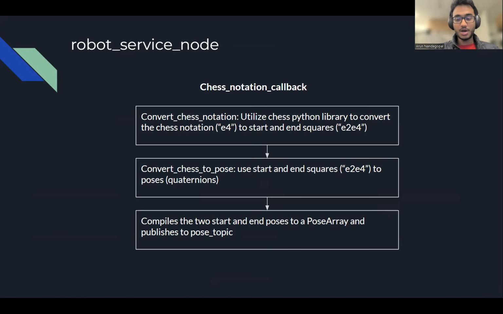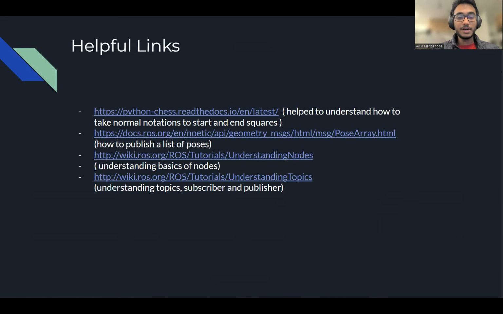So this is how I went about setting this up, and some of the fundamental things which were used were the Python chess library, which you should look into. This is the link, which says how to convert basic chess notations to the UCI format, which will be helpful for the chess engine interface.